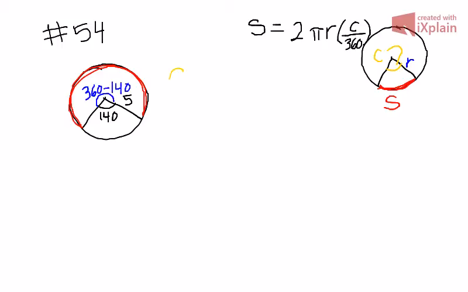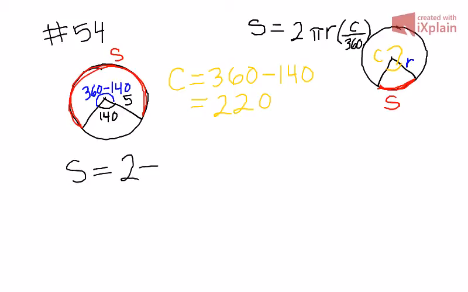Because a whole circle is 360, so if that part is 140, then the other part has to be the remainder from 360. So we're solving for this new c, or central angle, that corresponds to the arc length, the s, that they want. We just found that that is 220. That little blue area is 220. So now we have the central angle that corresponds to the correct arc length that we're looking for.